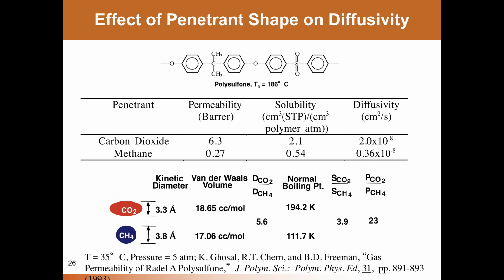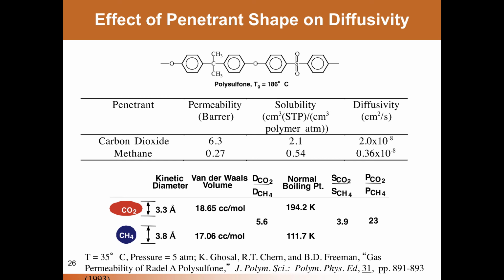And that's just simply a reflection of the fact that if they're trying to go through a polymer sideways, that is, based on their long or large dimension, the frequency of appearance of such large gaps is much smaller than the frequency of appearance of gaps that correspond to the narrow dimension of a penetrant.